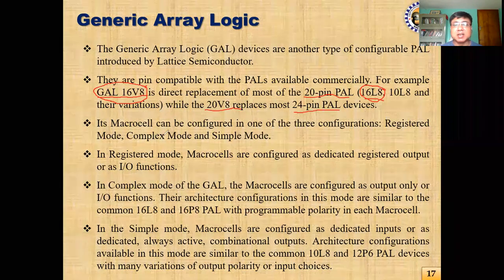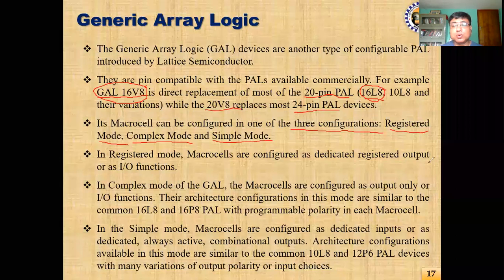But GAL has certain advantages. It can be configured in 3 modes. One is registered mode, second is complex mode, and third one is simple mode. Okay. So in registered mode, the macro cells are configured as dedicated registered output or as IO function.